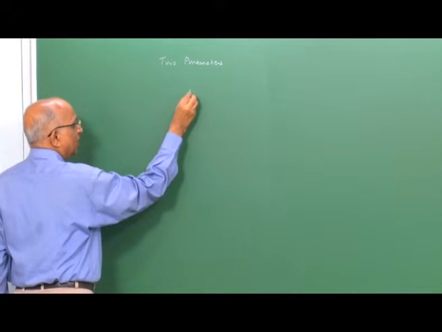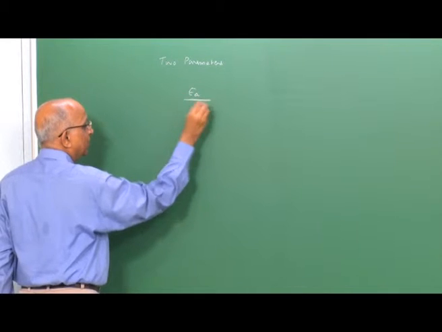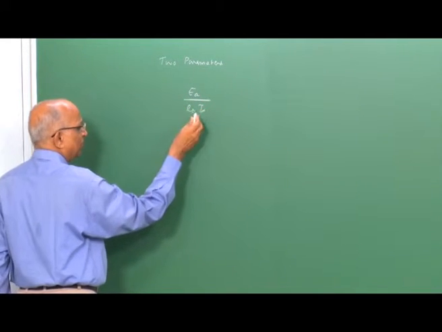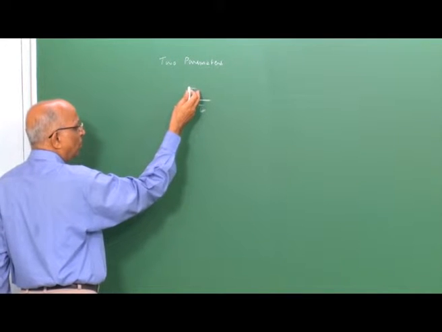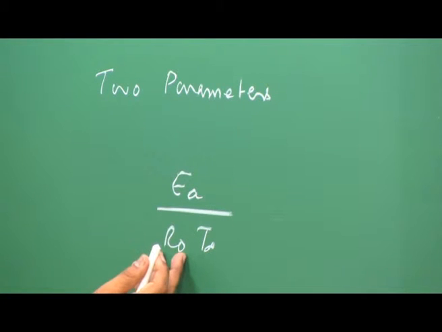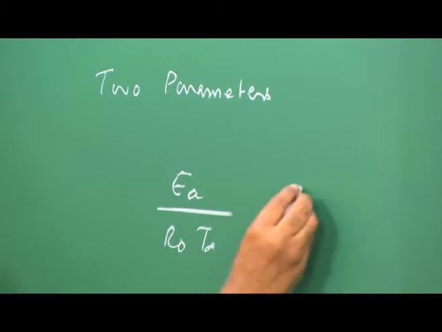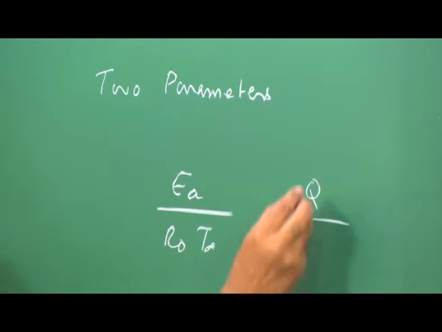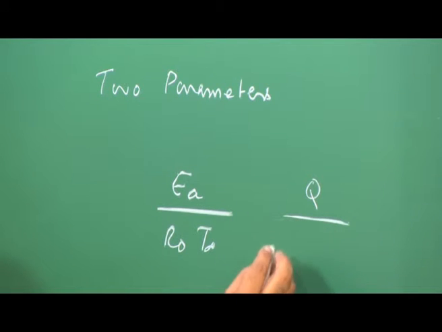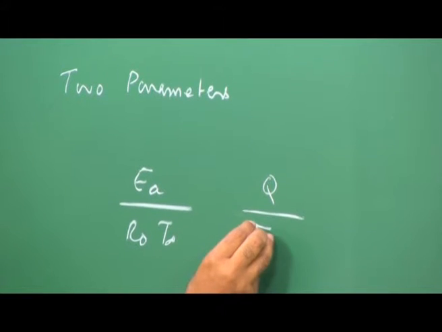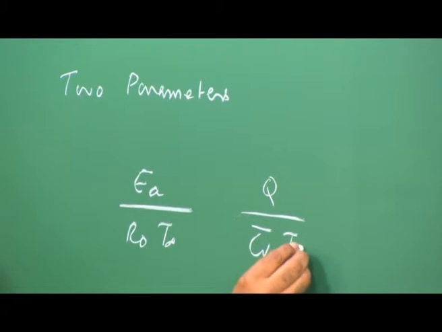The first one is the ratio of the activation energy divided by the universal gas constant into the ambient temperature, that is, E over R T ambient. The other parameter is the ratio of the heat released per mole divided by the specific heat per mole, joule per mole Kelvin, into T ambient.